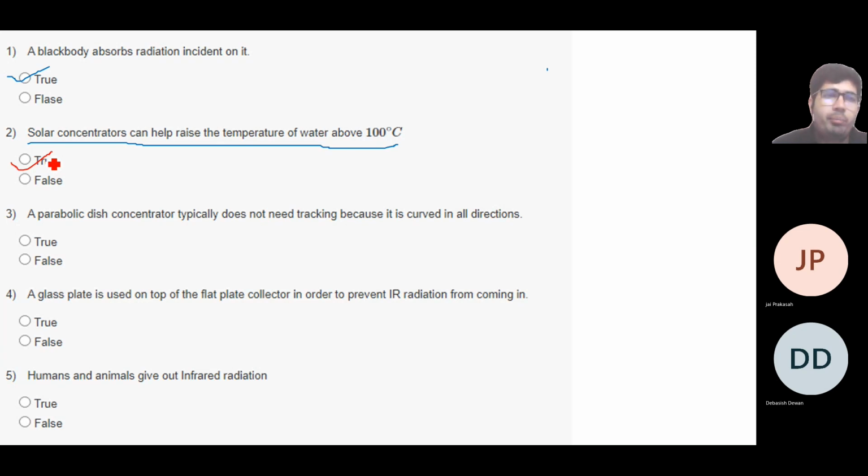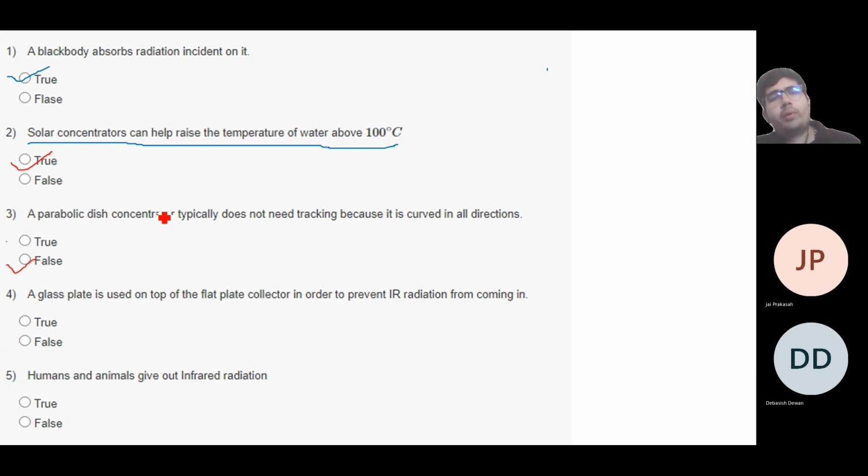Sun tracking is very important in a parabolic dish concentrator. Otherwise, it will not reflect the maximum intensity of radiation to the receiver. So is it true or false?